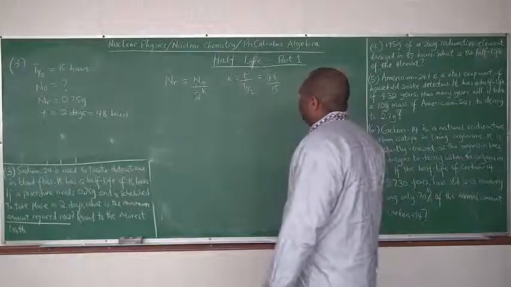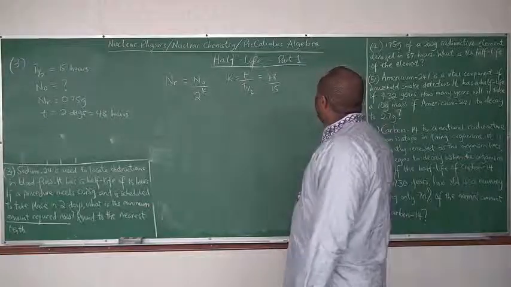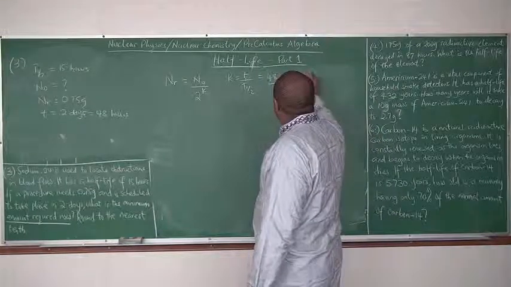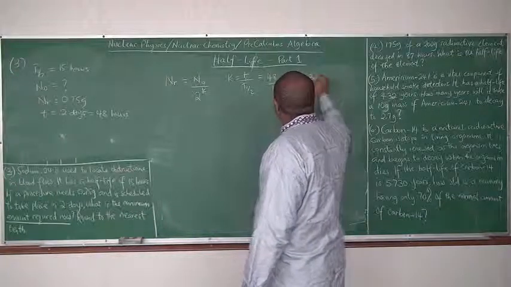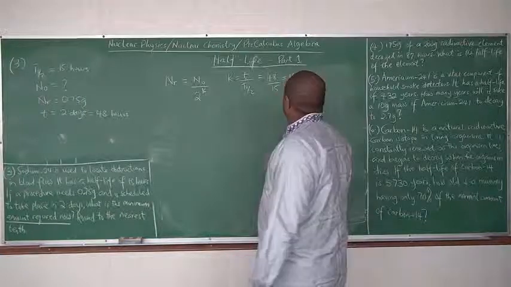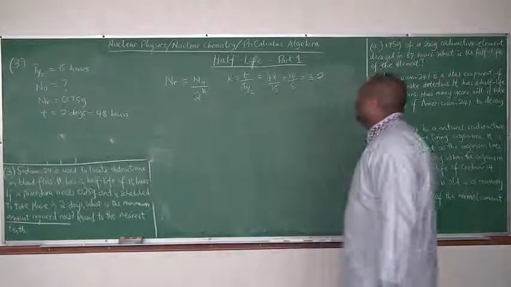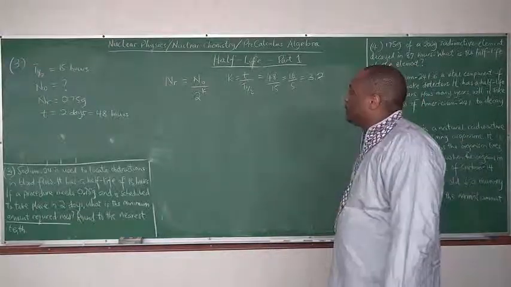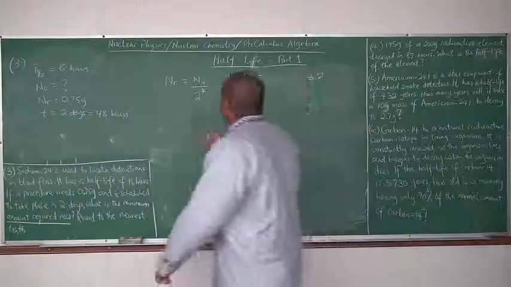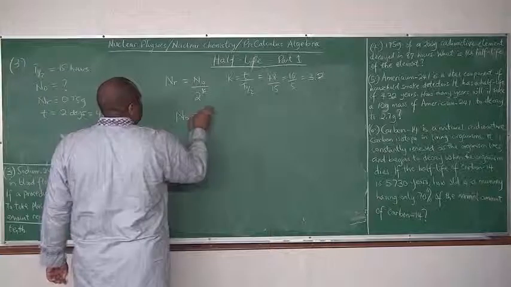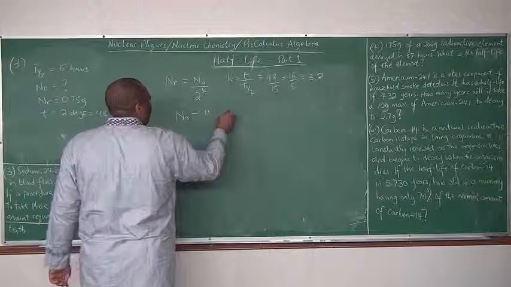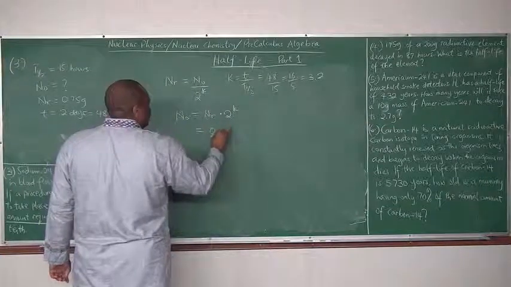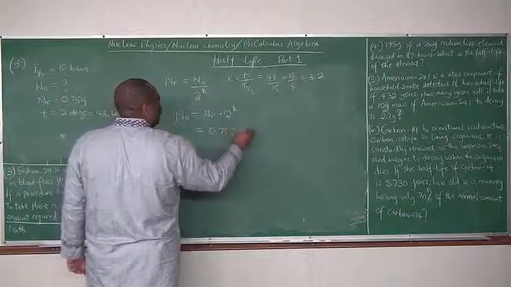That is 16 over 5, which is 3.2. Now N subscript O is N subscript R times 2 exponent K. This is 0.75 times 2 exponent 3.2.